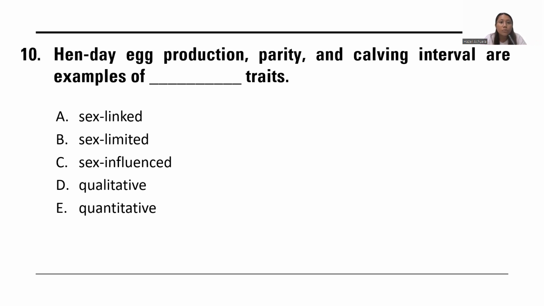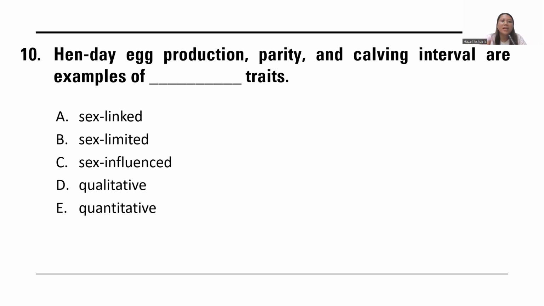They show continuous variation. They are numbers. So, ang ibig sabihin, alin kaya dito ang sagot? Sa number 10, hindi siya pwedeng quantitative trait because parity is considered a qualitative trait. It's a categorical variable. Pwede ang egg production, quantitative trait yan. Pero parity is considered a qualitative trait. So, eliminate natin yung letter D and letter E.